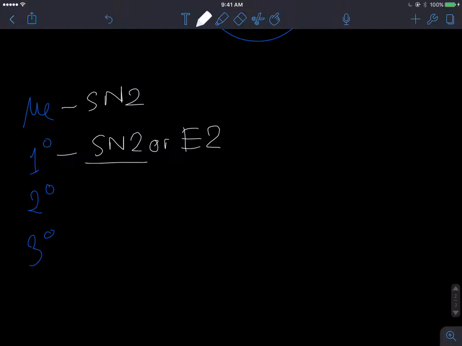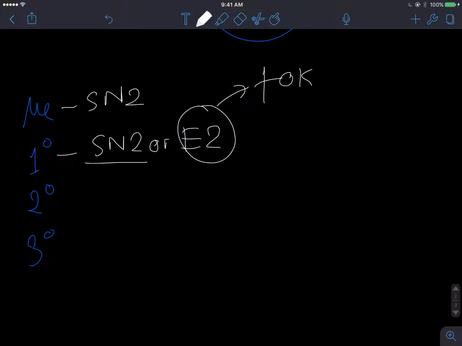Just when you have a base like this base right here, tert-butoxide, E2 will occur. But most of the time, for primary substrates, it is SN2.